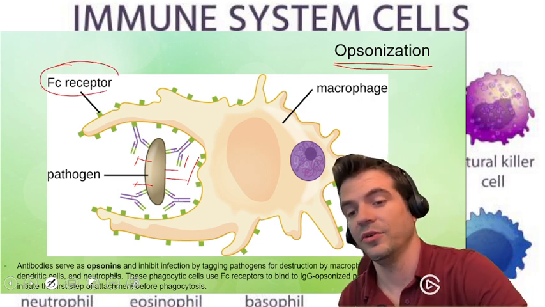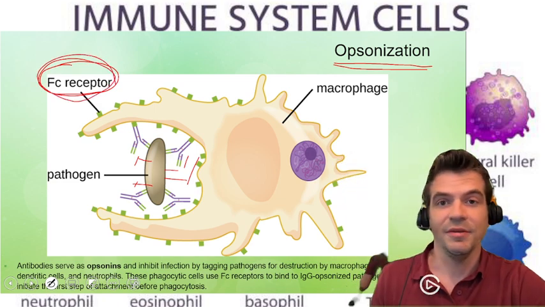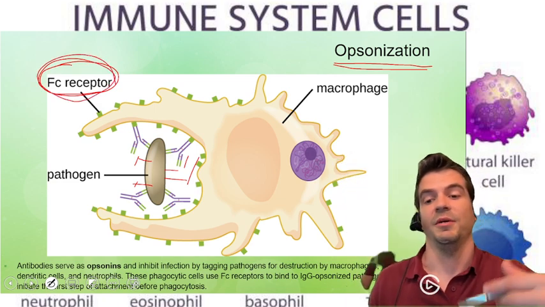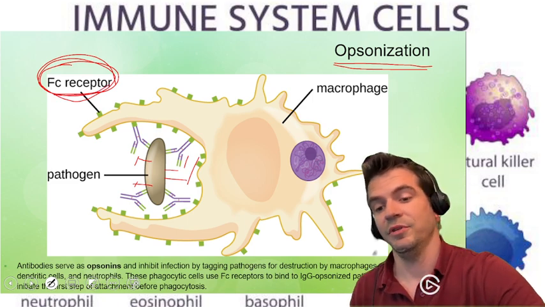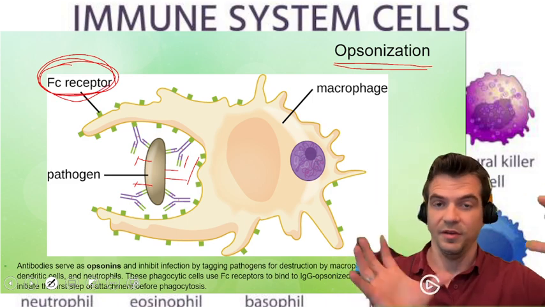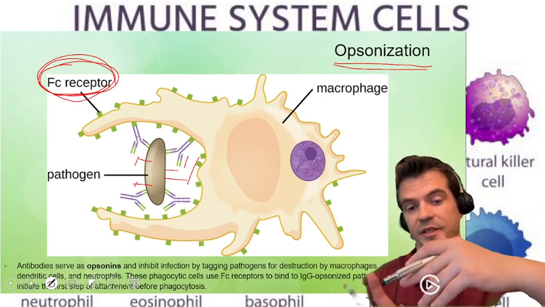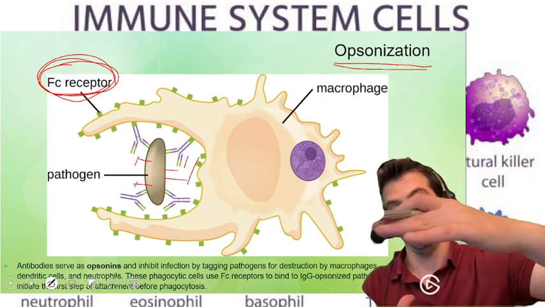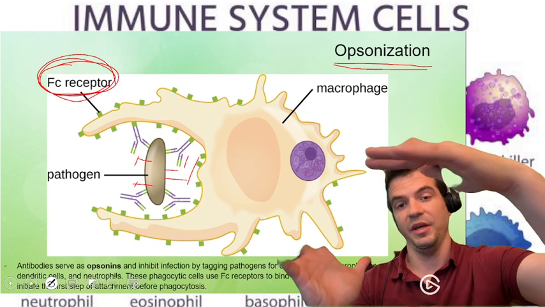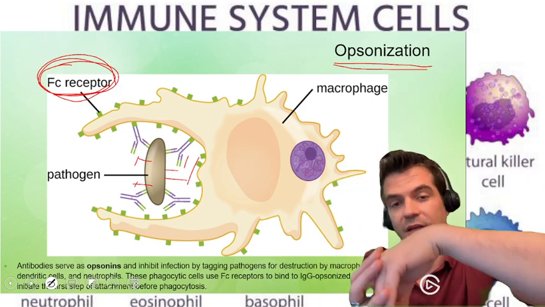That's why we had to learn that was the Fc region. Okay, that Fc region is going to be picked up by the Fc receptor, and if enough of those are there, it's going to basically tell the cell to wrap around this pathogen exactly like this, okay, and engulf it.